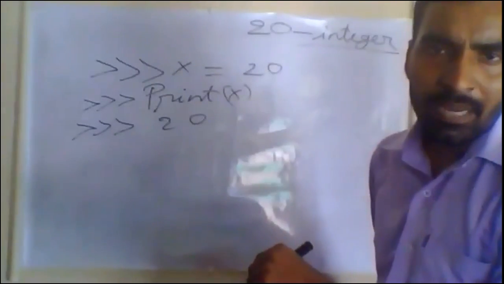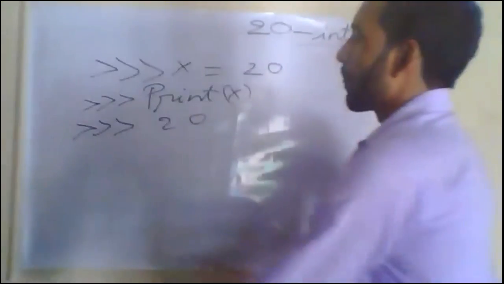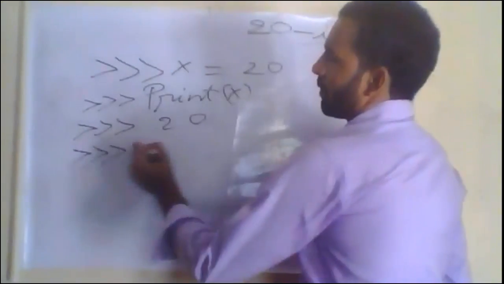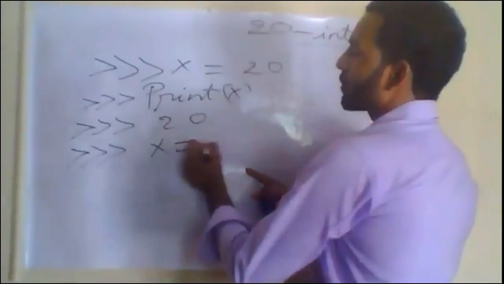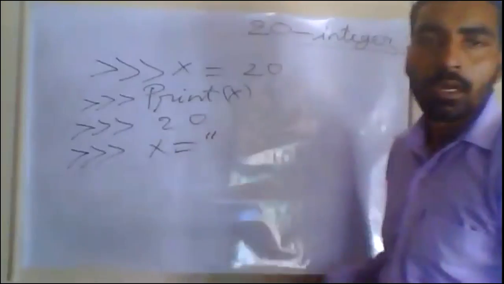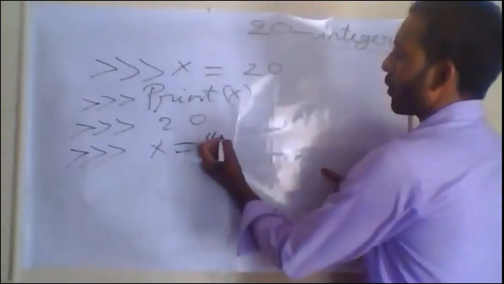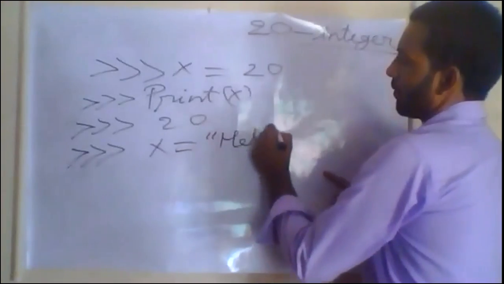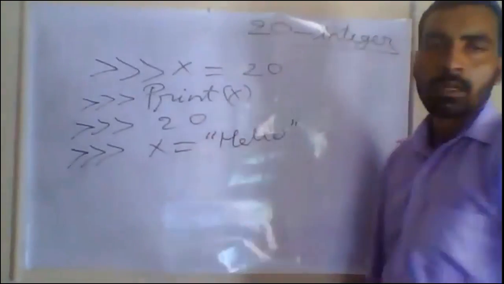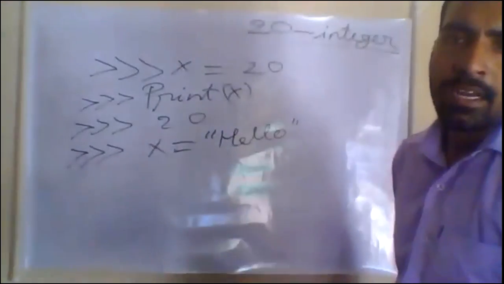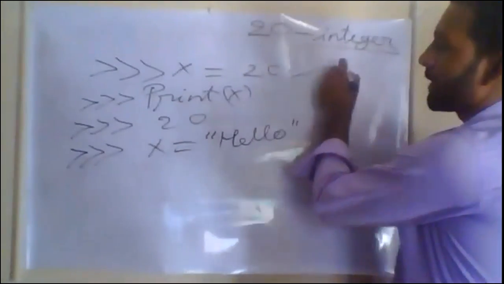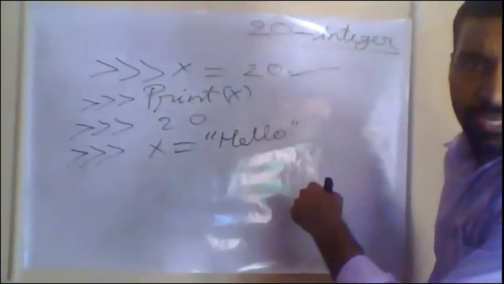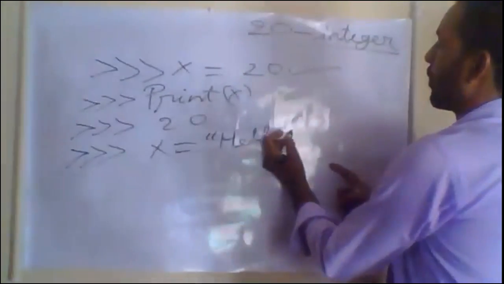Now you change the variable, change the value, not variable, change the value. Now if I write x equal to anything like hello. Now you can see, first time we have given x equal to 20. Now second time we are giving x equal to hello.